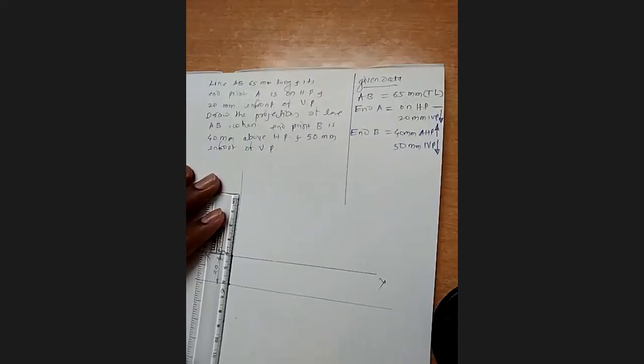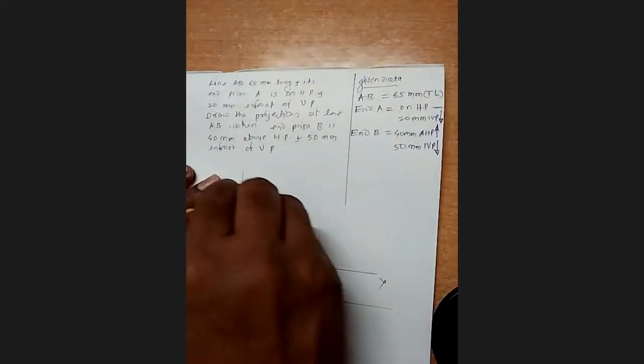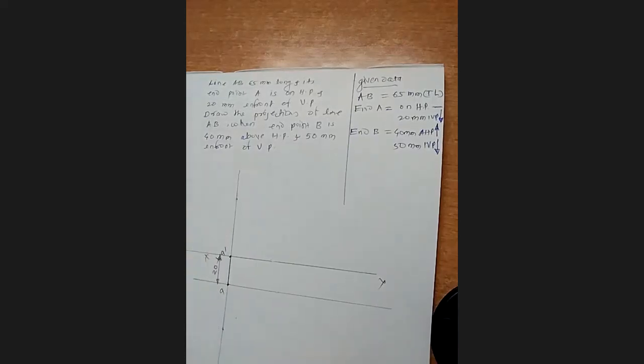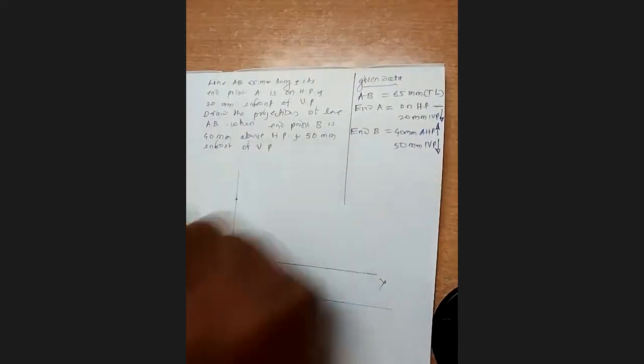So I will take 40. At 40 I will mark one point. Then in front of VP, that is given 50. So I will take 50 here. So these are the points for endpoint B.